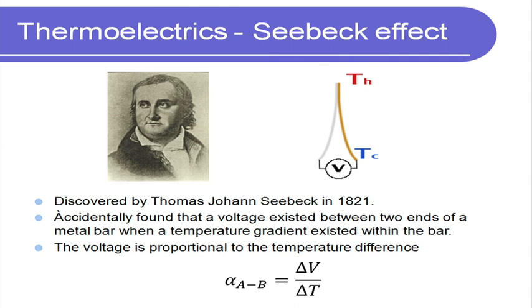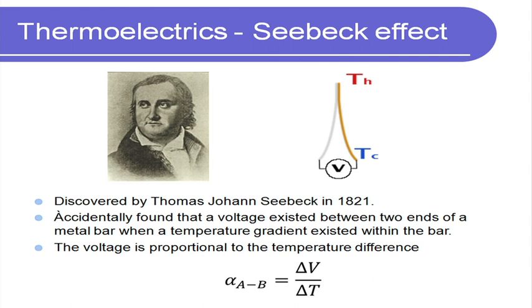He found that if we took a metal bar and there is a temperature gradient across that metal bar, then there is actually a voltage that exists between the two ends of the bar. Okay. So, this is what Seebeck found at the beginning as an accident.